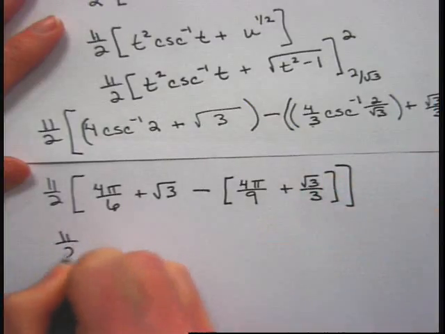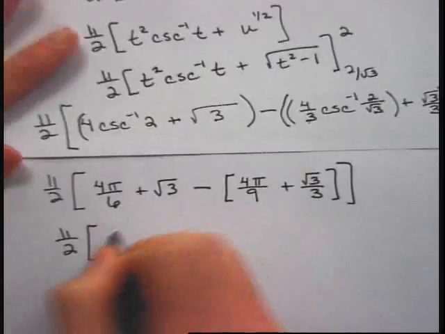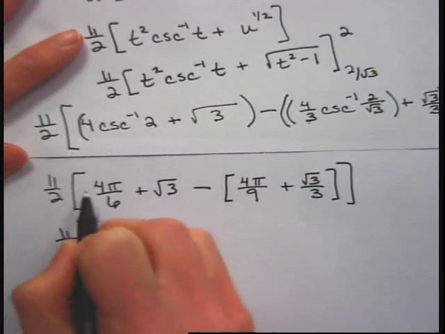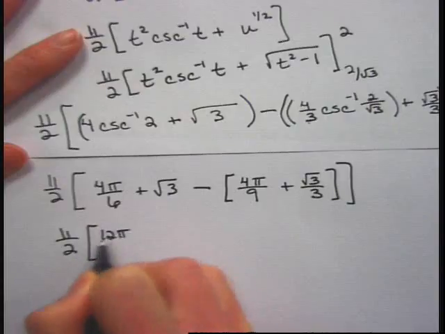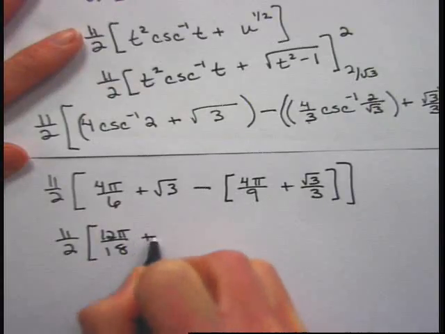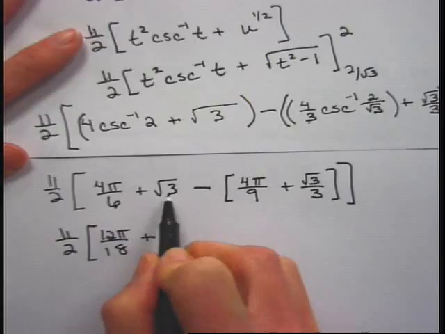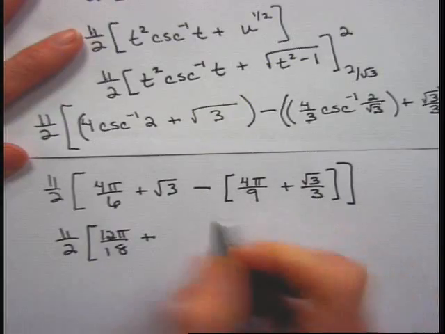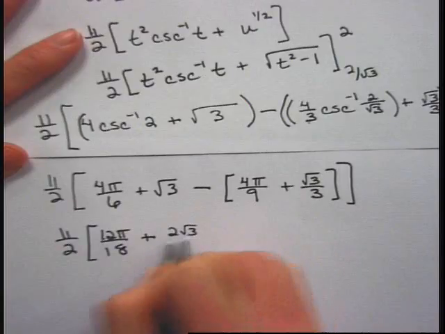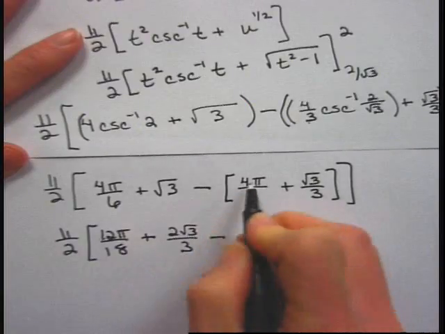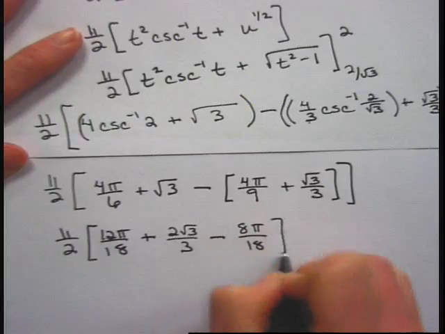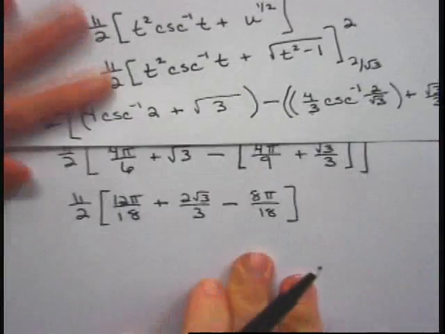So this is 11 halves. We'll get a common denominator here of 18. So this will be 12 pi over 18 plus, this is a whole, and it's going to be take away 1/3, so you're going to have 2/3 left. 2 square roots of 3 over 3 minus 8 pi over 18. And 12 minus 8 is 4.